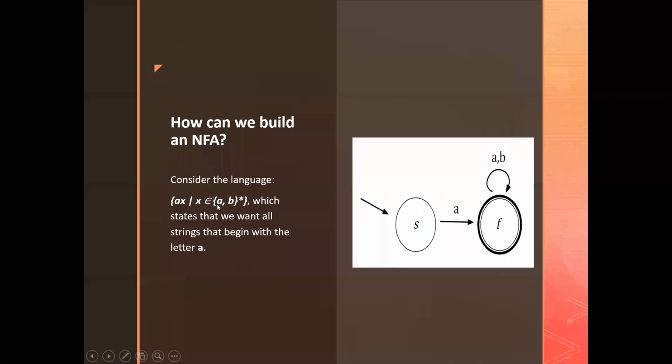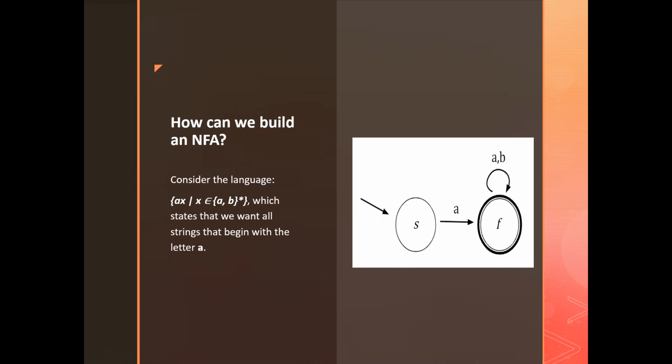It is the same example which we have considered earlier. This NFA will accept all the strings that start with A, and after A you can have any combination of A and B. So this is your NFA for the same.